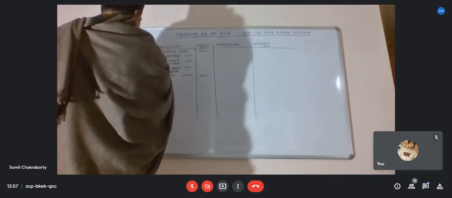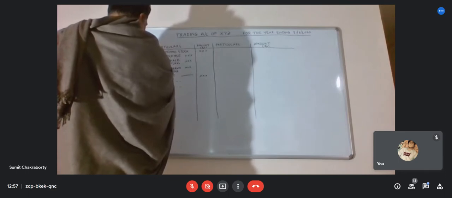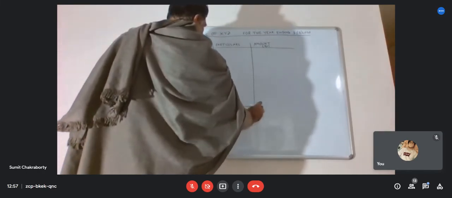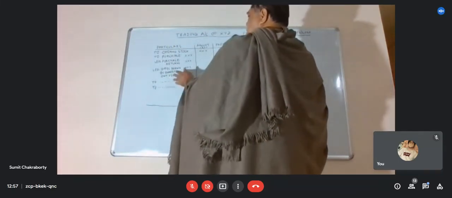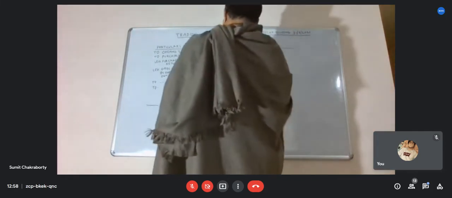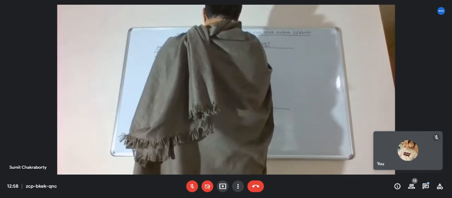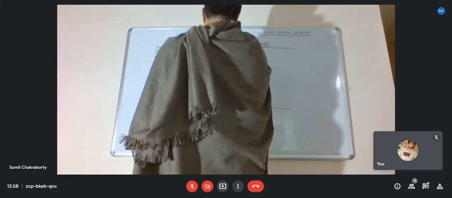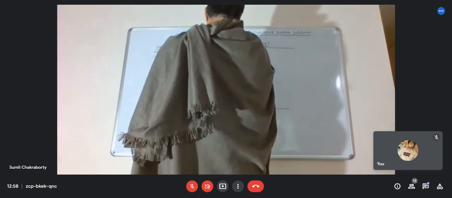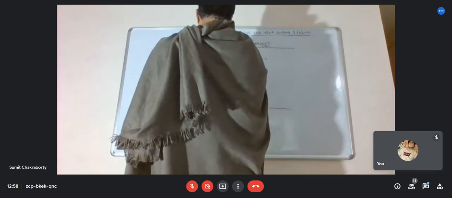To whatever other expenses, direct expenses there are, you just put them there. By sales, less sales returns. By closing stock.